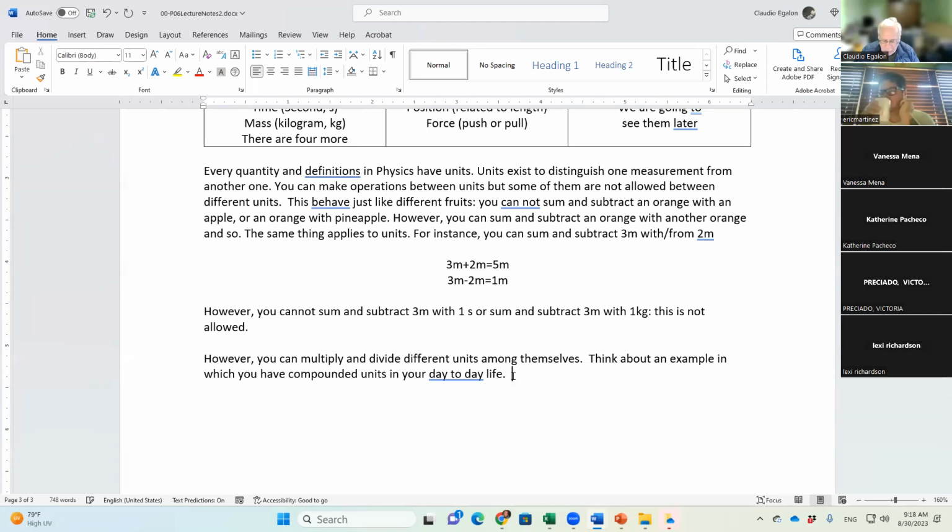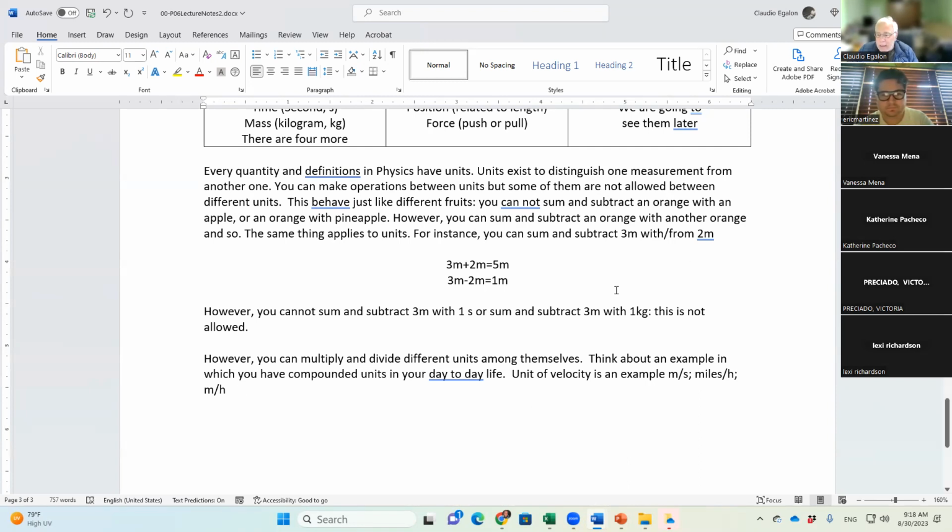Yes, the unit of velocity, for instance. You can have meters divided by second. You can have miles divided by hour. Even meters divided by hour you can have too.